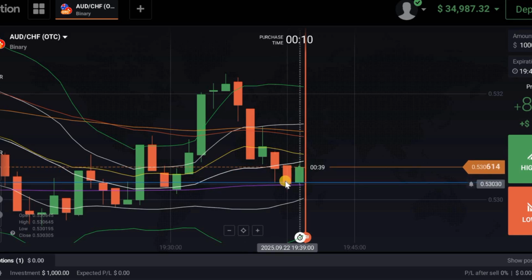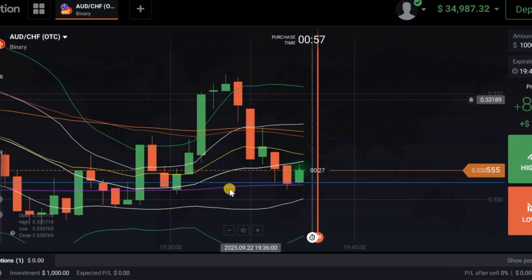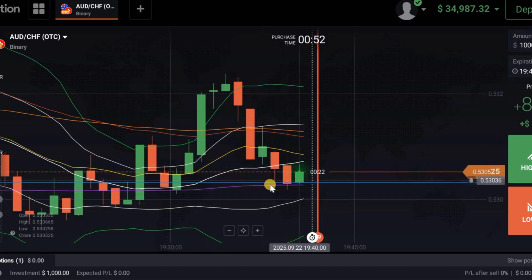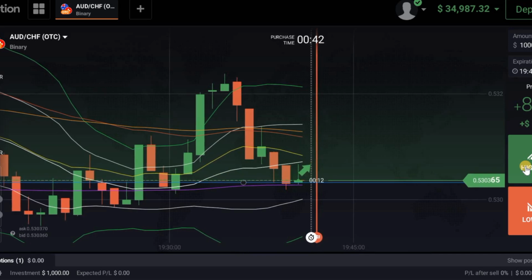This candlestick is breaking this wick, but you see the break is very weak, so it's not something we should rely on. But at the same time, I think this is just a reversal happening. I don't know yet. So I think this is a reversal. This is not a change in polarity. But at the same time, I can do a call. If it closes like this, I'll definitely do a call trade.